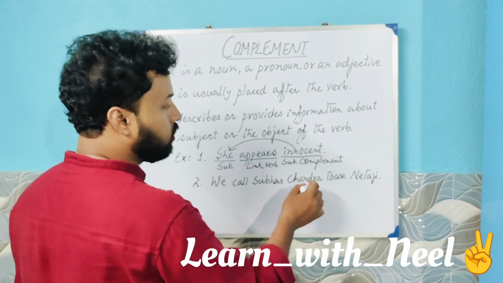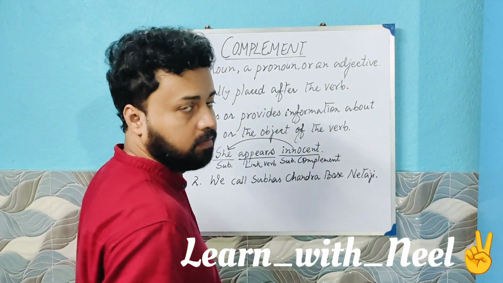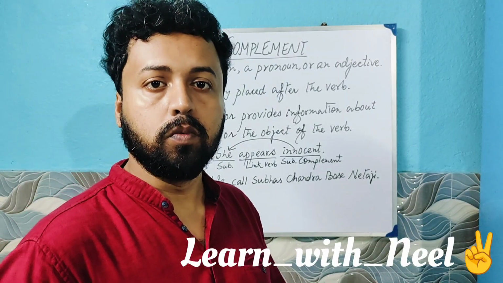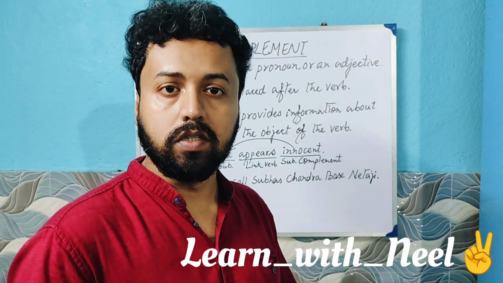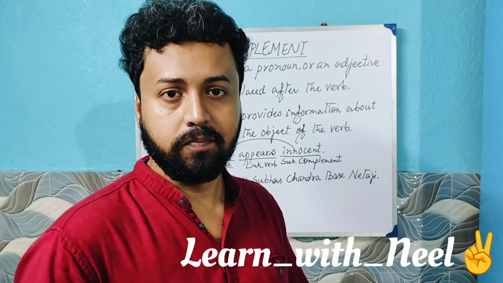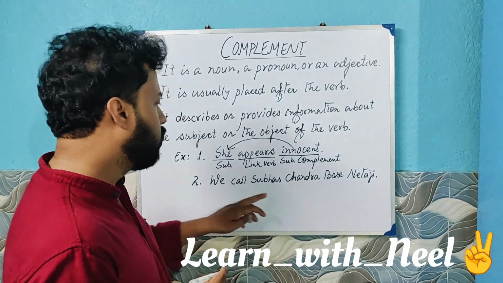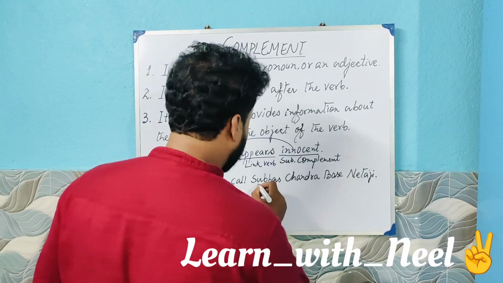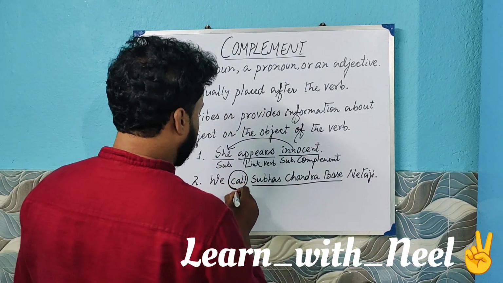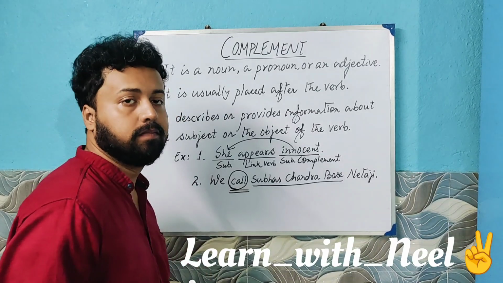We call Subhash Chandra Bose Netaji. All Indians know that, even the world knows it. Subhash Chandra Bose, one of our revolutionaries and a freedom fighter, was called Netaji. Right? Whom do we call Netaji? Subhash Chandra Bose. If you ask the verb, whom do we call?